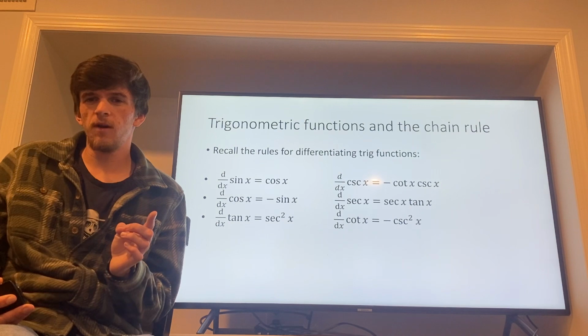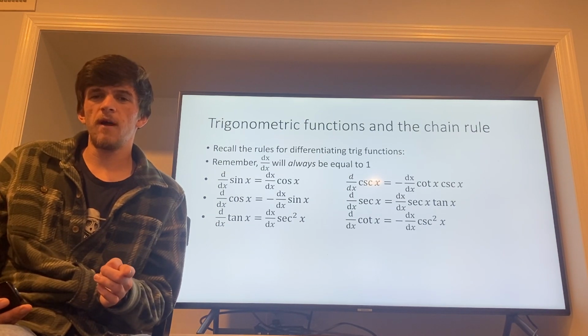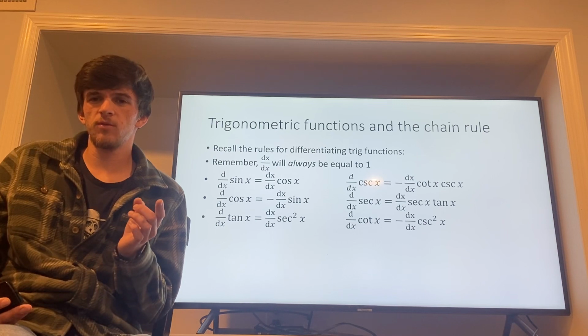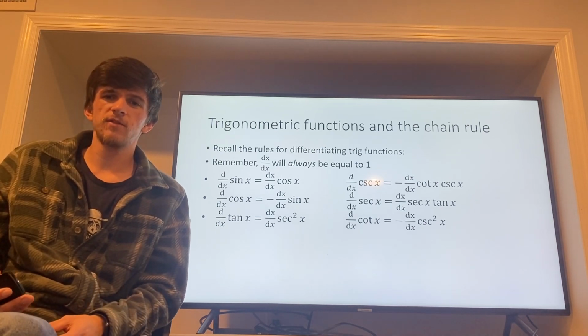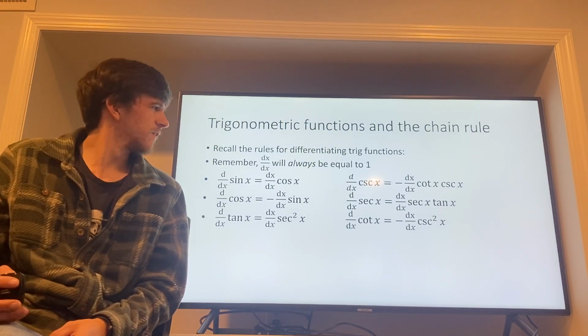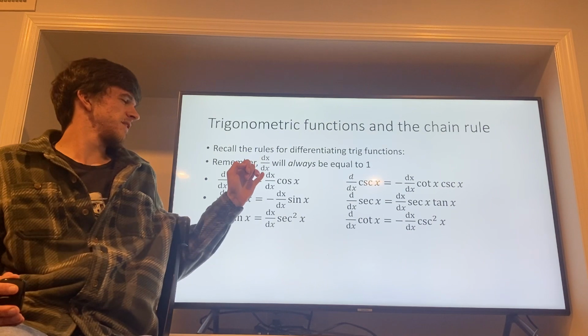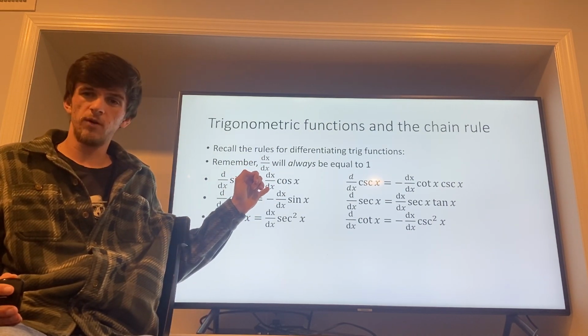Now recall, when I was explaining the general power rule, I reminded you that the derivative of x with respect to x will always be equal to 1. So these can all be rewritten as the derivative with respect to x of sine x equals dx dx times cos x. Remember, dx dx equals 1.